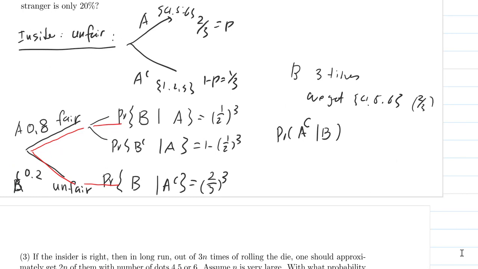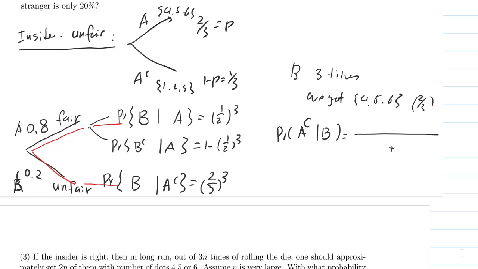So according to the Bayes formula, if we want to find the conditional probability that A complement has happened given that B has happened, then we look at this. In the denominator, we have the products along 2 branches.